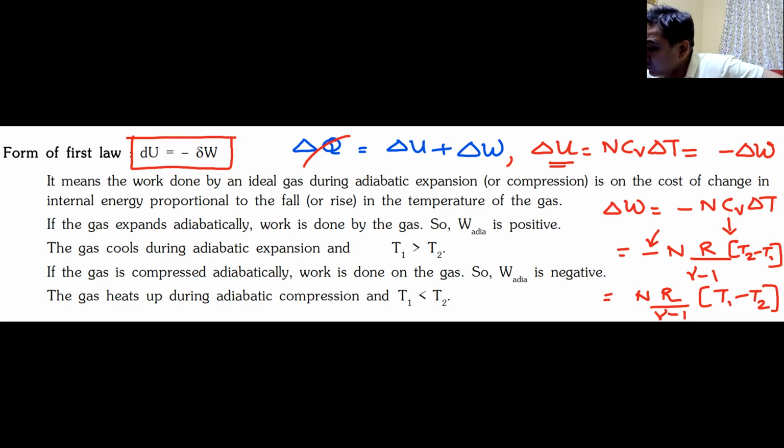So I have told you the easier way to remember this. If you can remember it in the original form, well done. If you just remember that delta U is negative of delta W, you would be able to solve any question. Do we understand this?